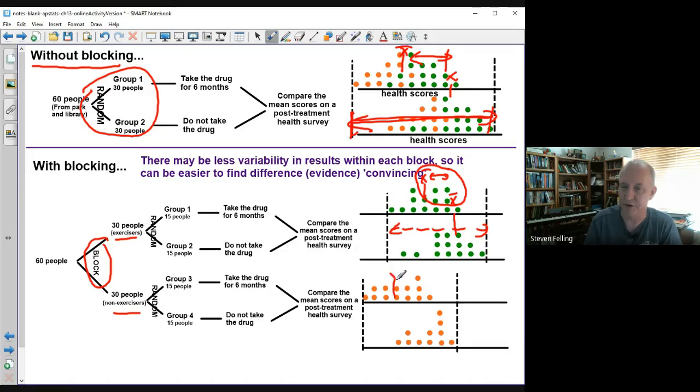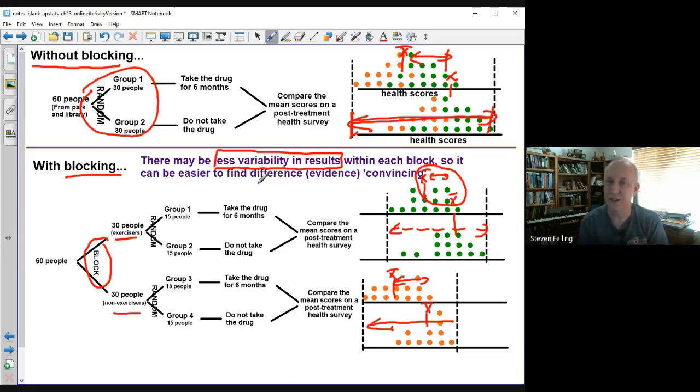Same thing here. If we have means in these two groups, drug versus non-drug, but we have a smaller amount of variation here, it's easier to see this difference as statistically significant. Right? So the real reason we do blocking is to try to reduce the variability in the results, which makes it easier to see small differences as significant.